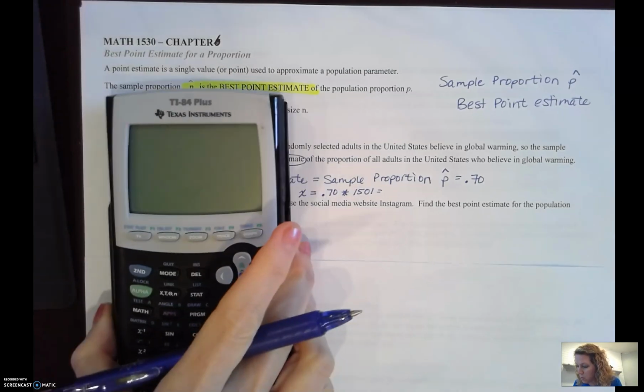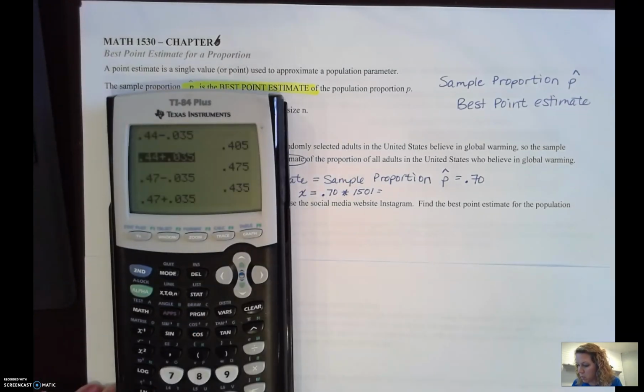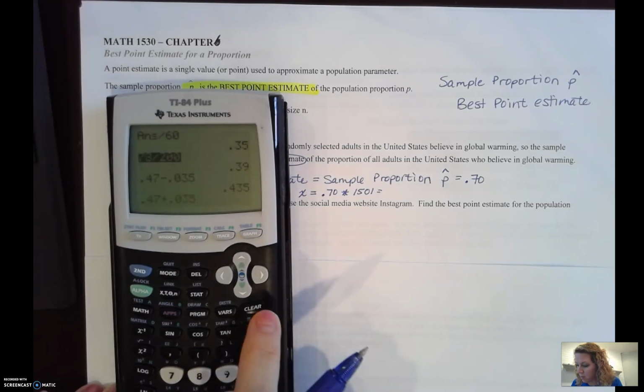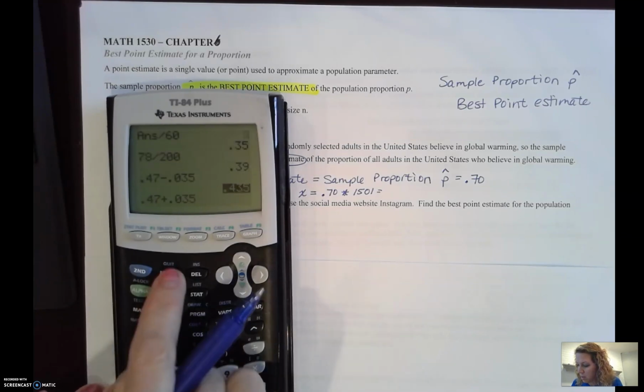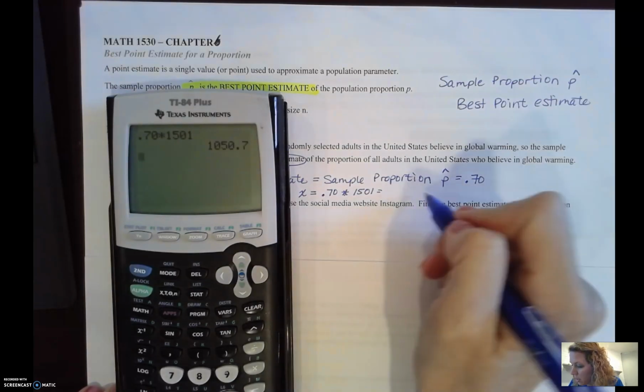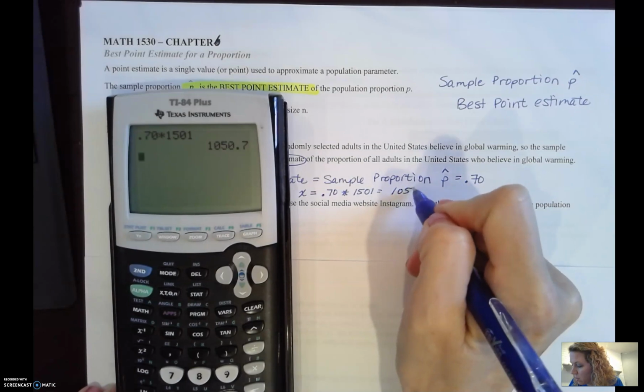So let's get out our calculators. 0.70 times 1501. It's 1,050.7.